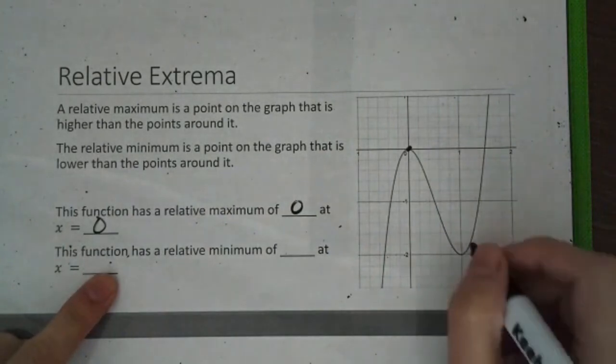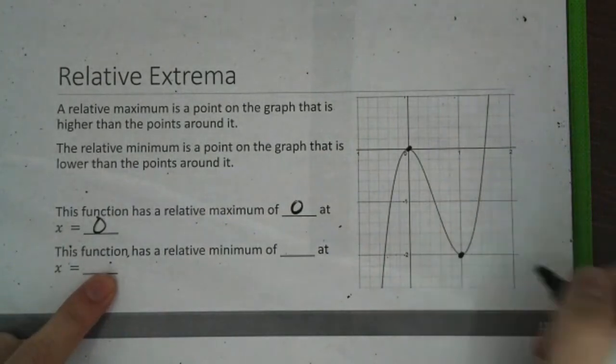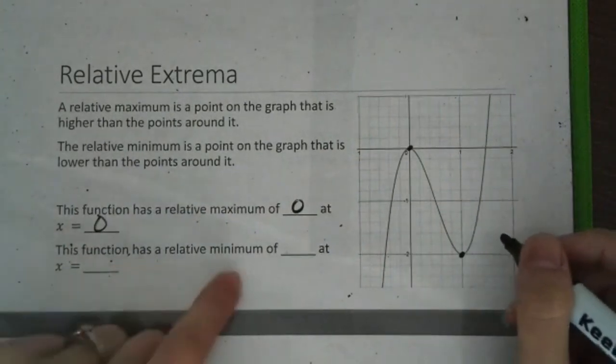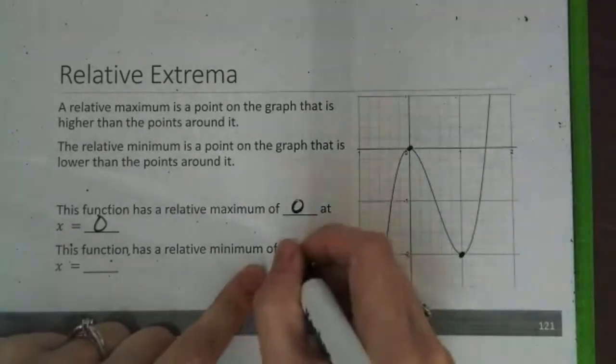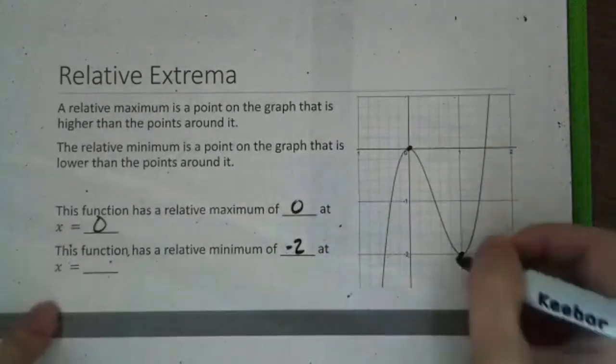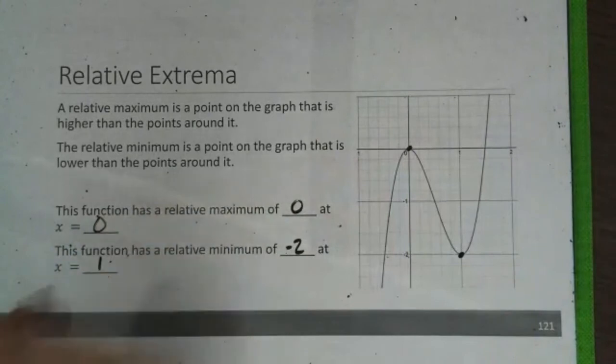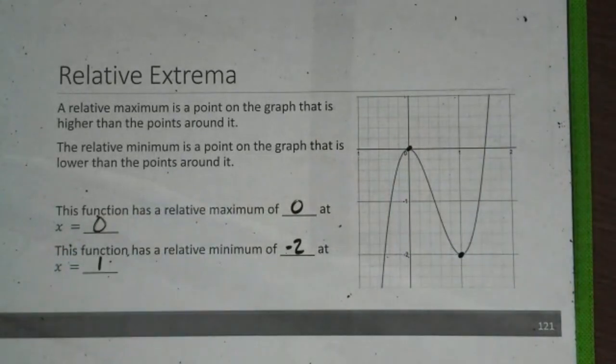We have a relative minimum right here. The value of that minimum is -2, and it happens at the x value of 1. So relative extrema are in the general area, are you the highest or the lowest? Absolute extrema are, look at the whole graph, are you the highest or the lowest?